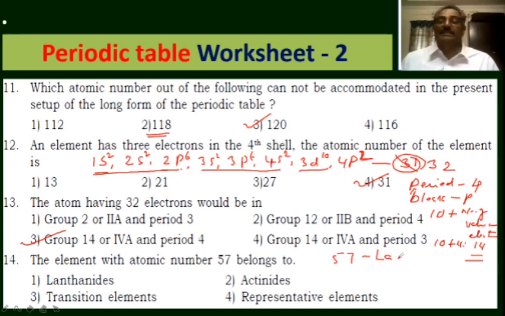So actually lanthanum is a transition element. Lanthanum belongs to transition elements. So the third option is the right option.